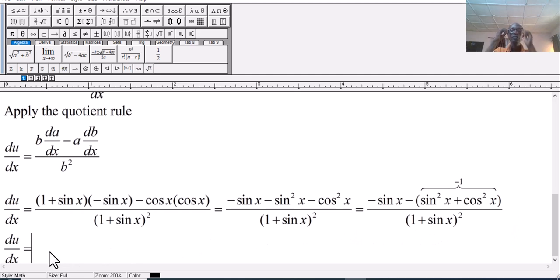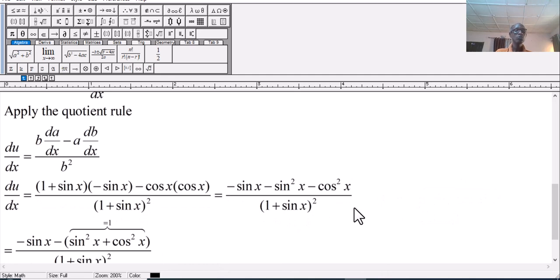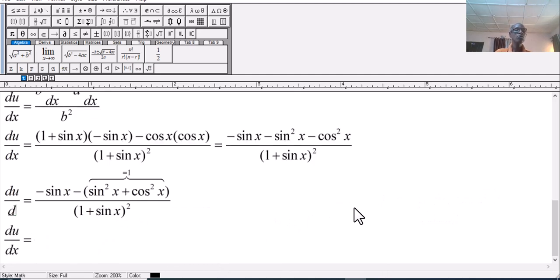So if we move to the next stage, let's bring du/dx down. Now we can rewrite this. It will be minus sine x minus 1, all over 1 plus sine x all squared.